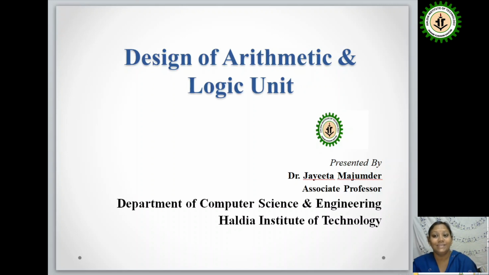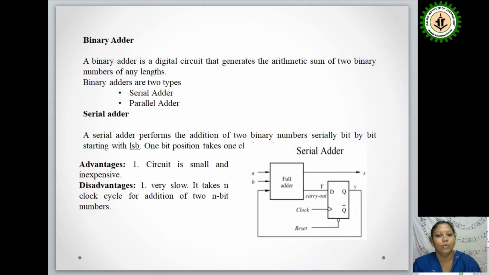So, what is the internal structure of this arithmetic and logic unit? Before studying the arithmetic and logic unit thoroughly, first we require the adder circuit, because the arithmetic and logic unit, mainly the arithmetic unit, is totally based on the adder circuit.